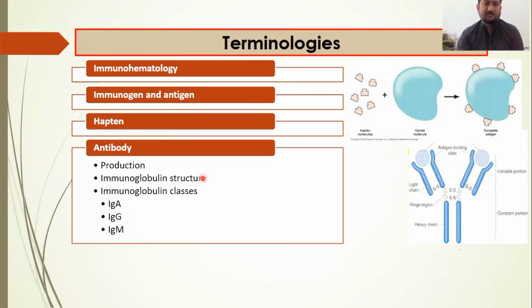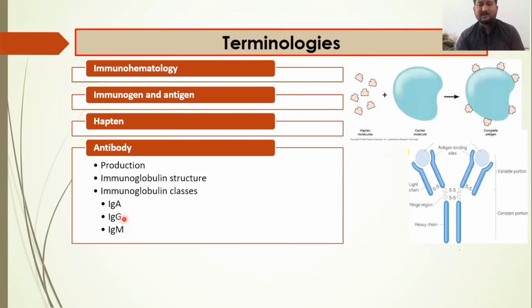IgA class of antibody exists both as a monomer and as a polymer. The molecular weight is approximately 160,000 Daltons. And IgG: the IgG constitutes approximately 75% of total serum immunoglobulin.